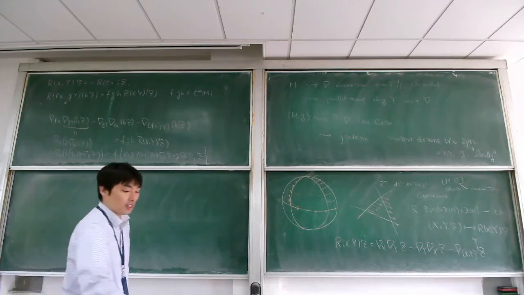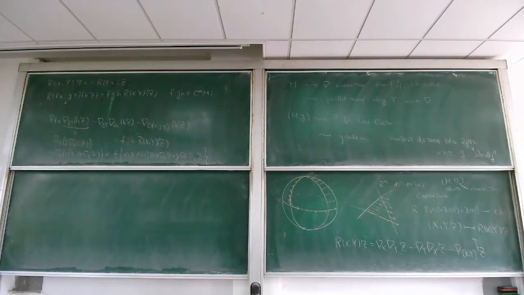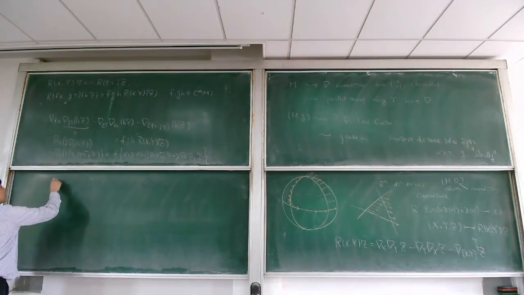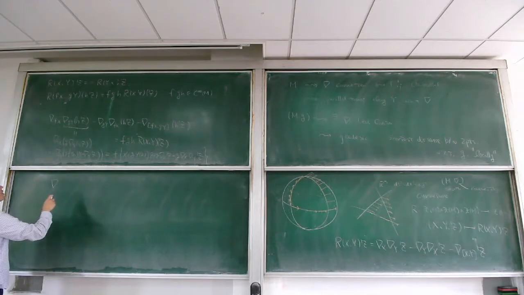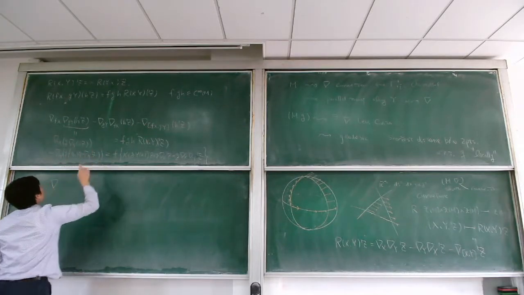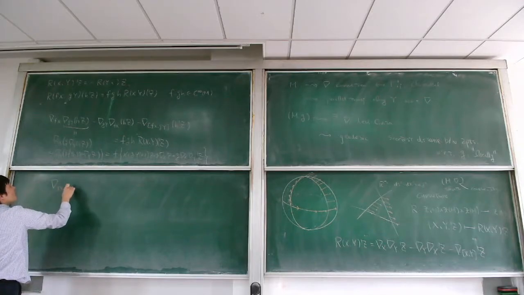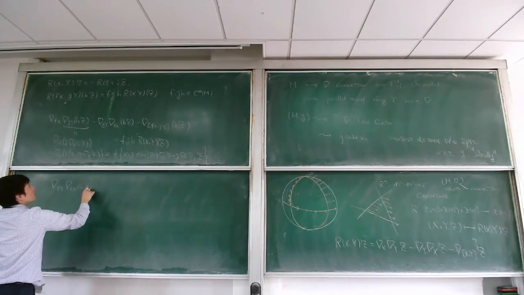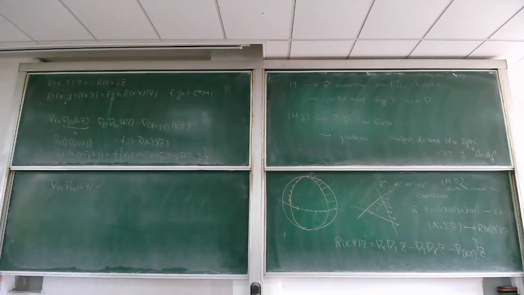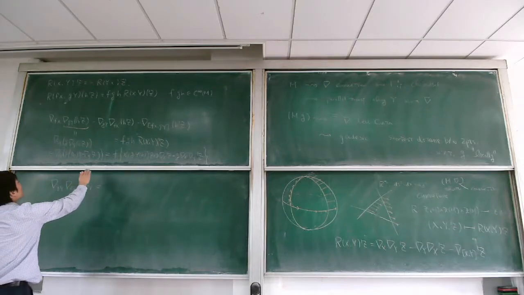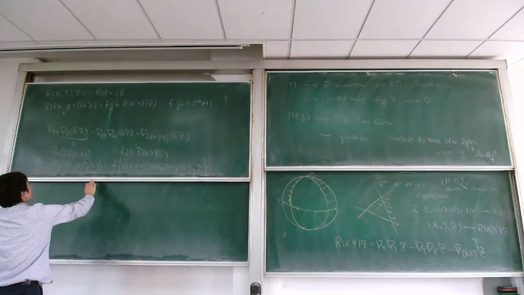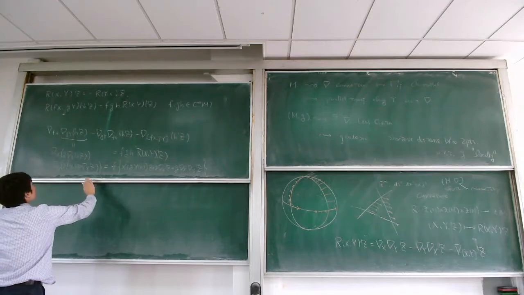And of course, did I make a mistake? This part is very easy, you just swap the vector. Oh, did I miss H? You should tell me where I made a mistake.